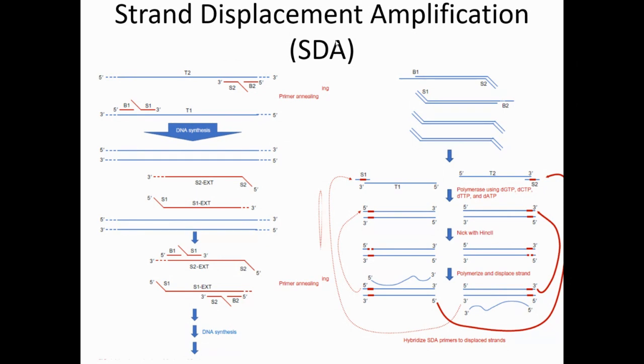SDA combines the ability of a restriction enzyme to nick the unmodified strand of the target DNA with the action of an exonuclease-deficient DNA polymerase to extend the 3' end at the nick and displace the downstream DNA strand. The displaced strand serves as a template for an antisense reaction and vice versa, resulting in an exponential amplification of the target DNA.